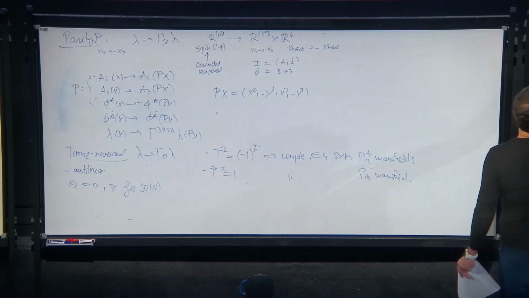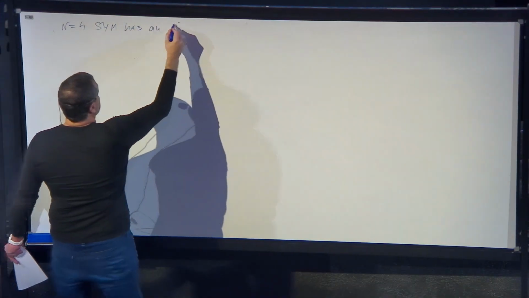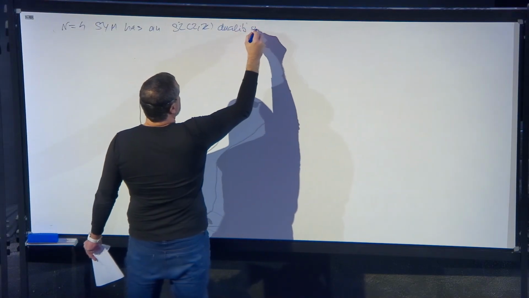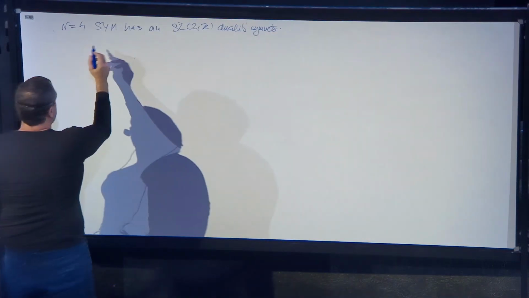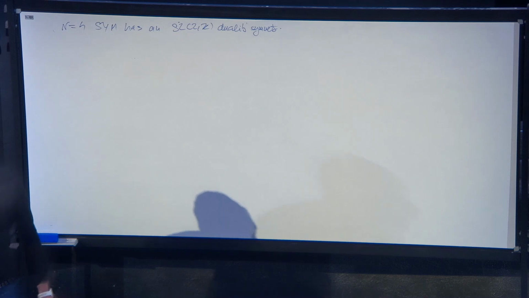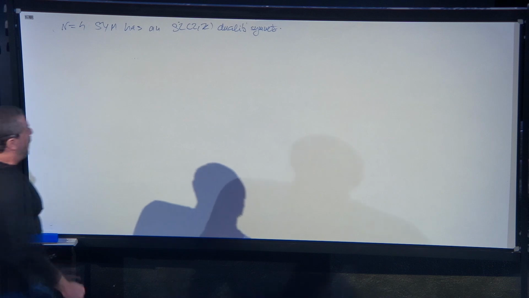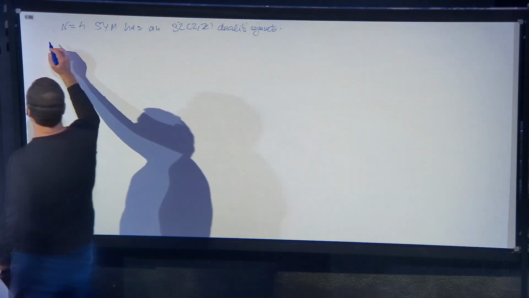N equals 4 super Yang-Mills has an SL(2,Z) duality symmetry that is a non-perturbative symmetry that in particular acts on the coupling constant of the theory and also the theta angle. And now you could ask, what does S duality do to these symmetries? So here is one claim.